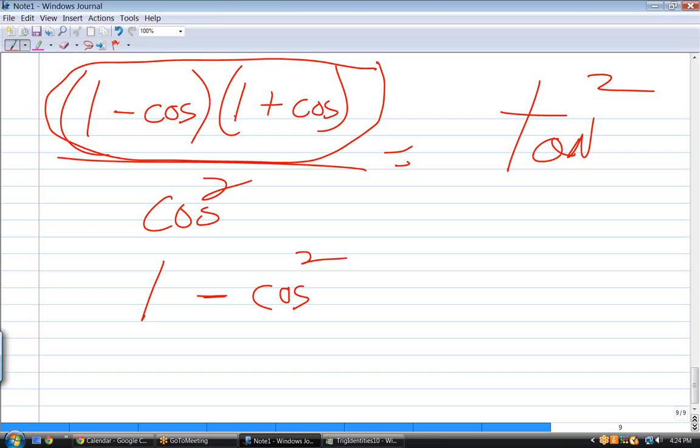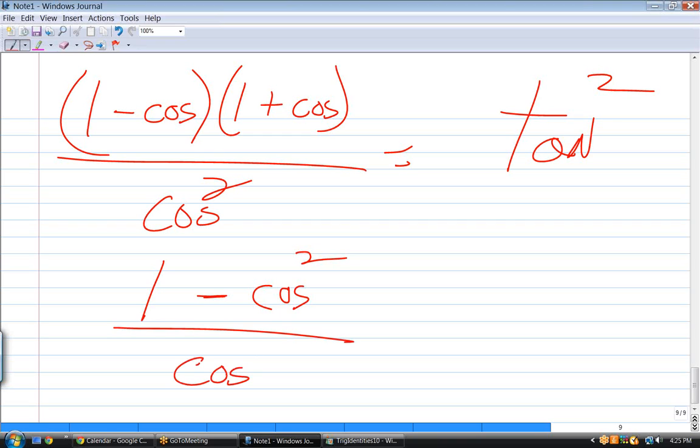Right. In other words, that's difference of perfect squares, factored. And this was the difference of perfect squares, unfactored. So whenever you see difference of perfect squares factored, it's nice to recognize it because it makes it really easy to FOIL it back together again.